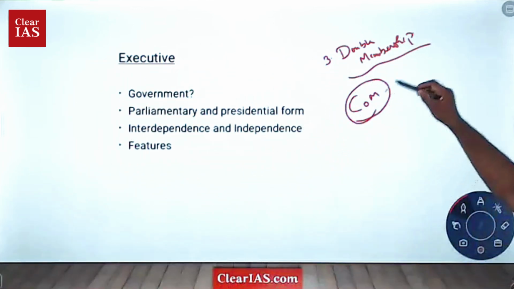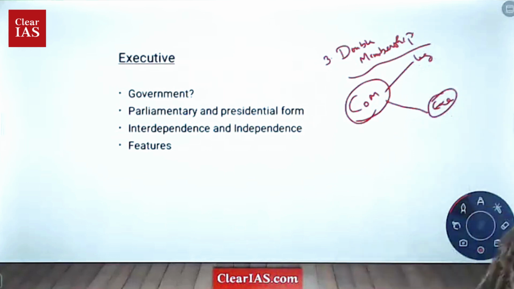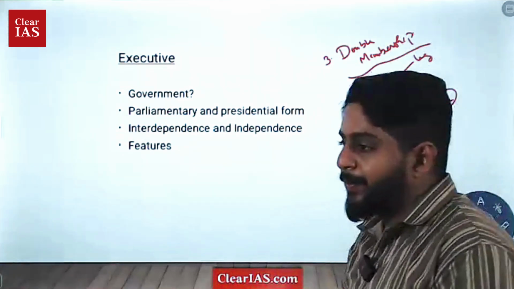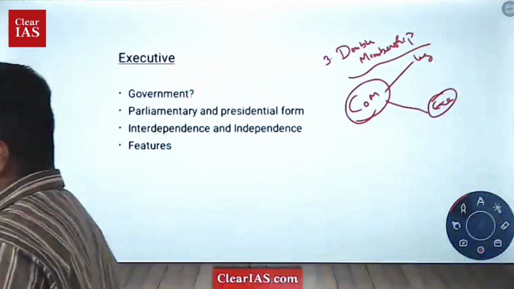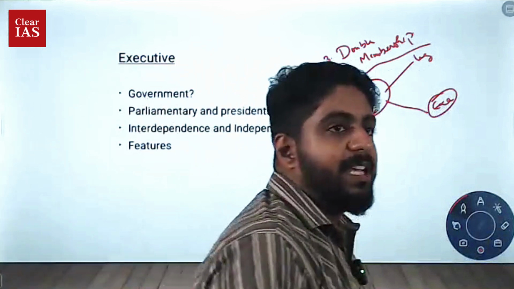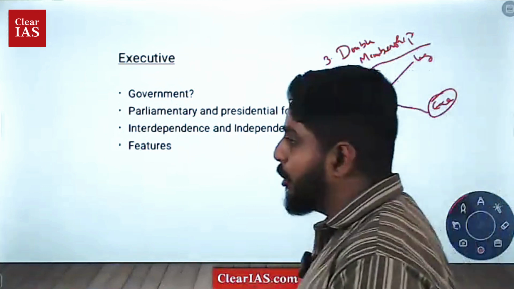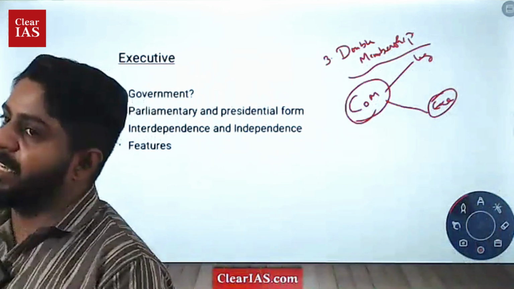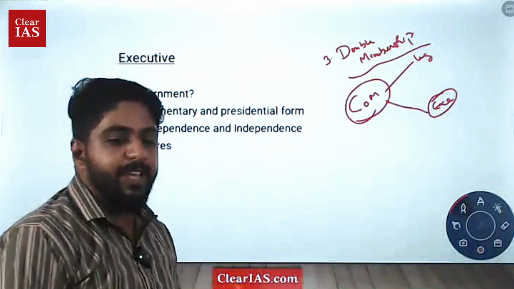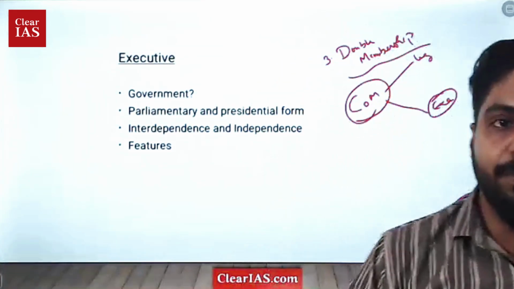The Council of Ministers are part of the legislature as well as the executive. Mr. Modi is the Prime Minister. As the Prime Minister, he is part of the executive. As the member of Lok Sabha, he is part of the legislature. So the same minister is part of the executive as well as the legislature. That is one of the features of the parliamentary form of government, double membership.